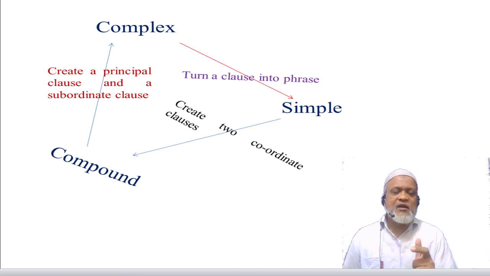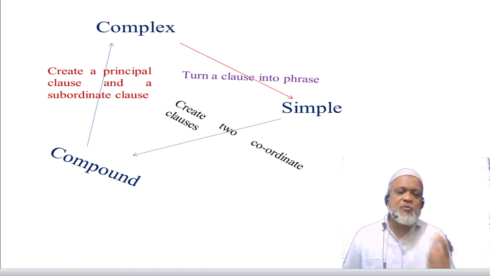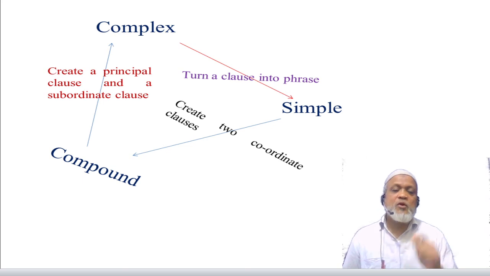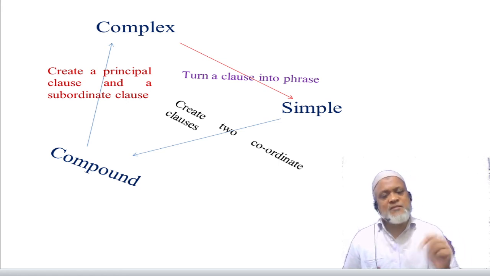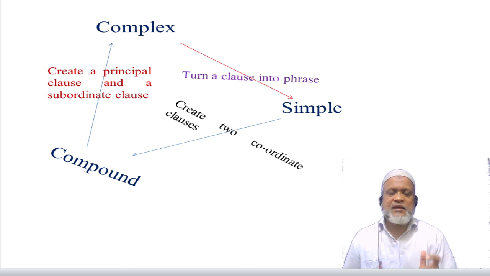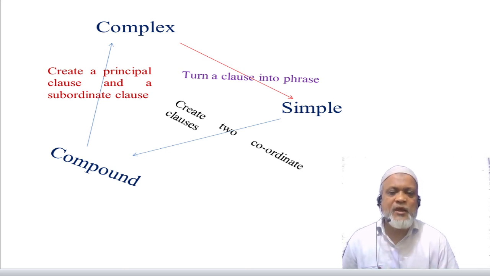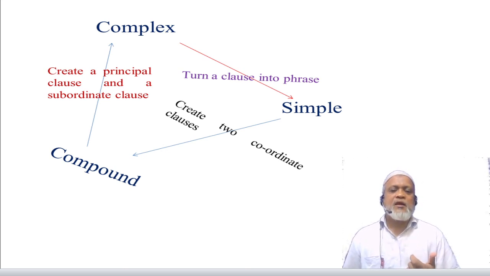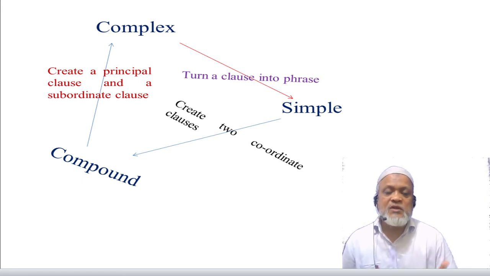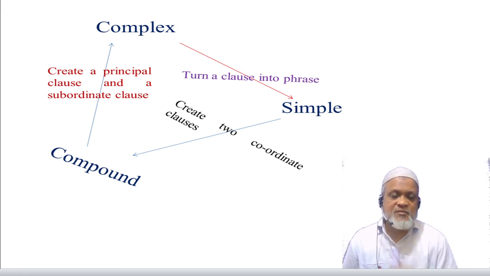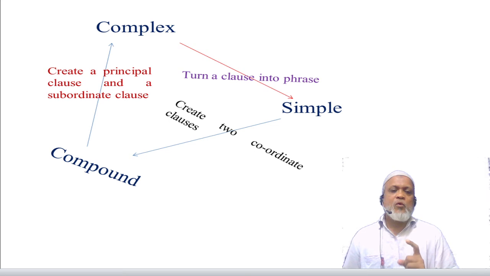And if we want to make a simple sentence into compound, we must create two coordinate clauses using the materials found in the simple sentence. And in the same way, if we want to change a compound sentence to complex or simple, we must change it.